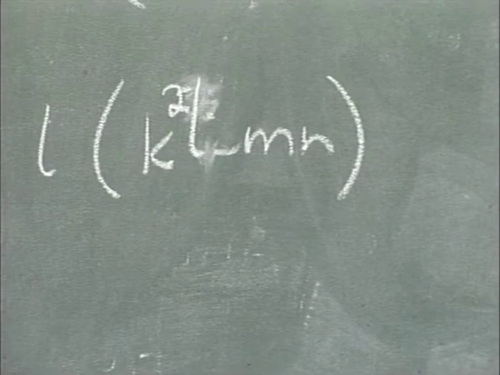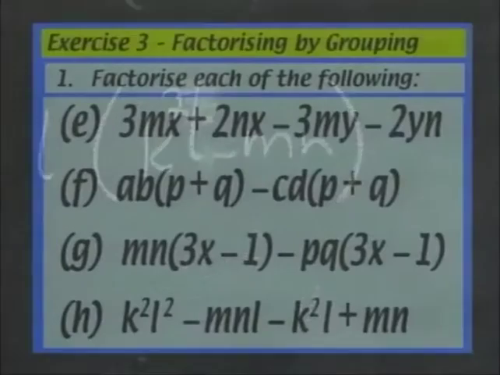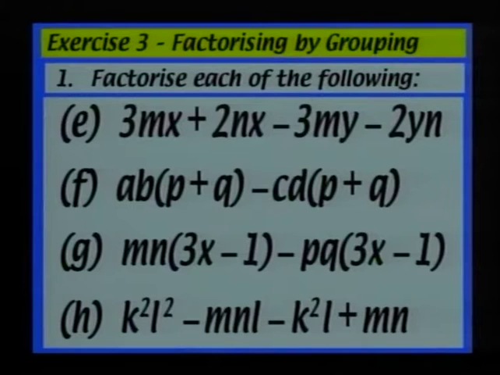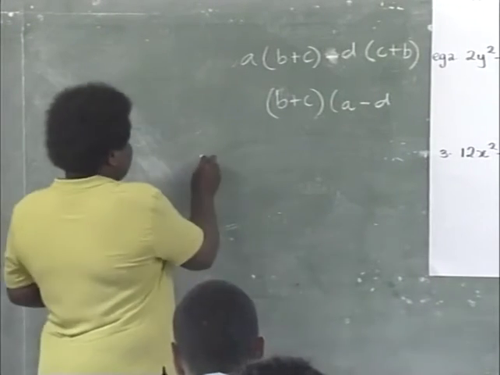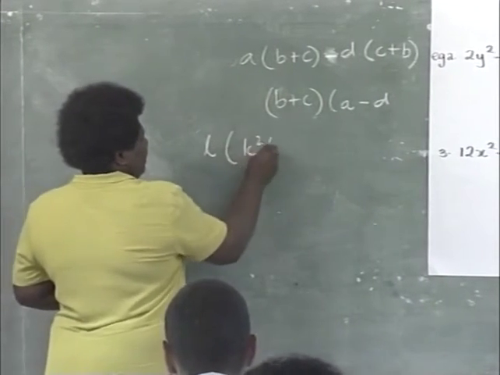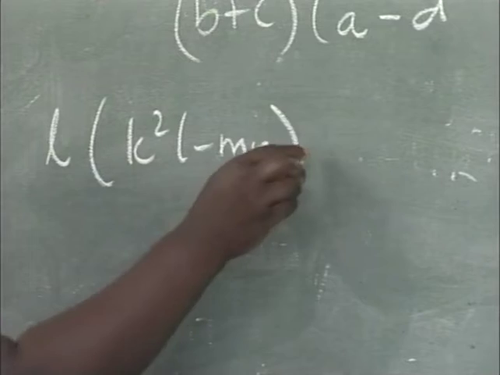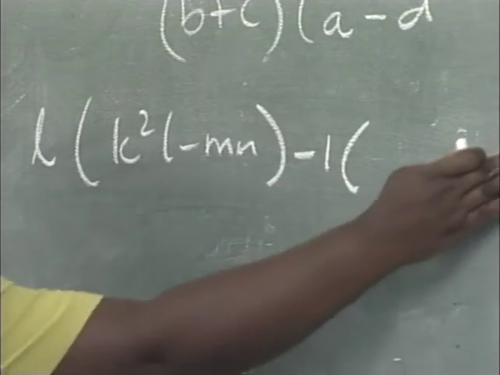If I take out L, I'm left with k squared L and then mn here. If I put minus 1 outside the brackets, I will get k squared L minus mn. First take out L, I get k squared L minus mn, and then minus 1, and I get k squared L minus mn.